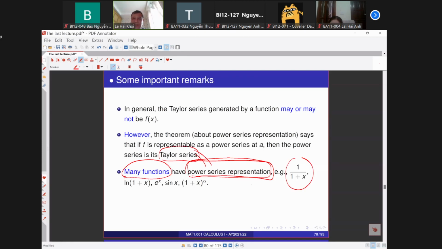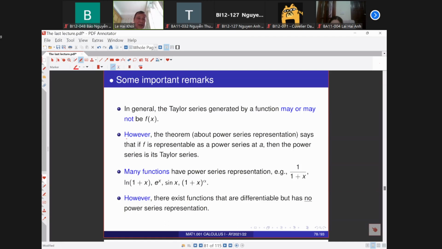For example, this one, this one, this one. All more or less the functions you have studied already have representation. Then Taylor series is the same, which means that Taylor series converges to this function.